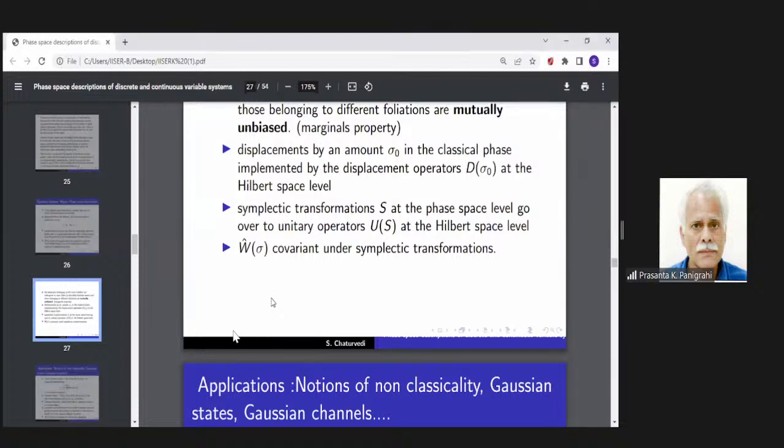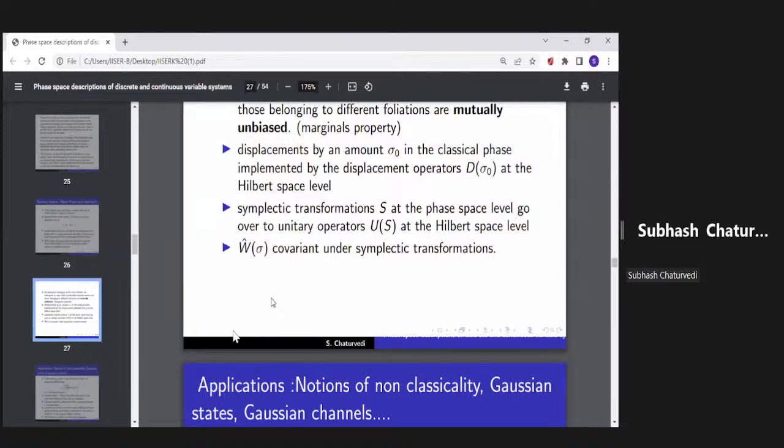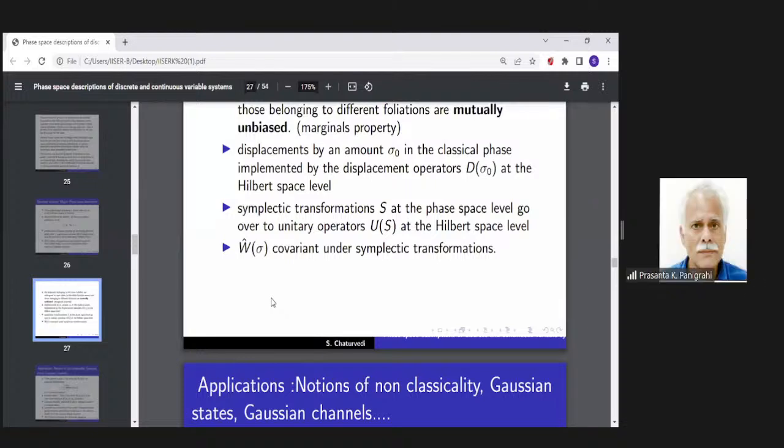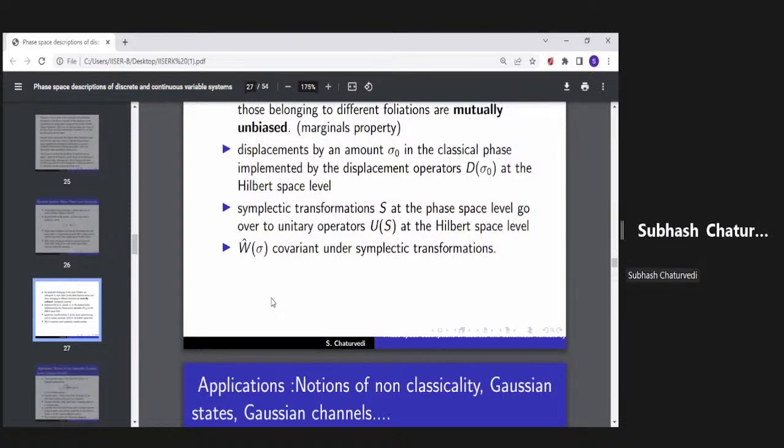Subhash, there are some problems with unmuting, so that is the reason, they are probably having a problem. So you proceed, I will tell them to allow them later at the right time. Okay, fine, then in the end, if there are any questions we can discuss them in the last half hour.